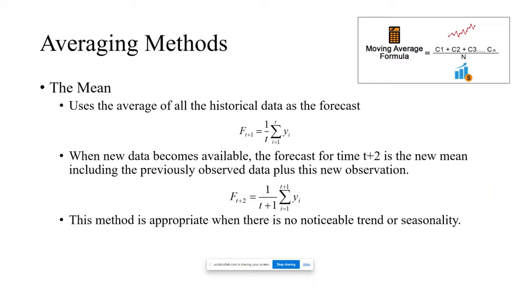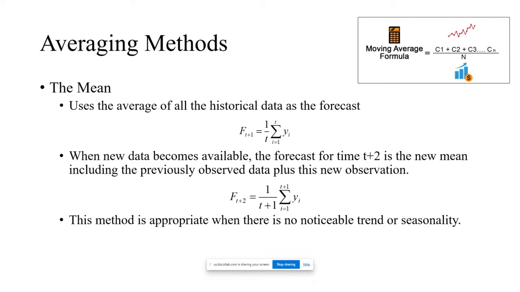The mean uses the average of all historical data as the forecast. When new data becomes available, the forecast for time t plus 2, 2 periods in the future, is the new mean, including the previously observed data plus this new observation.